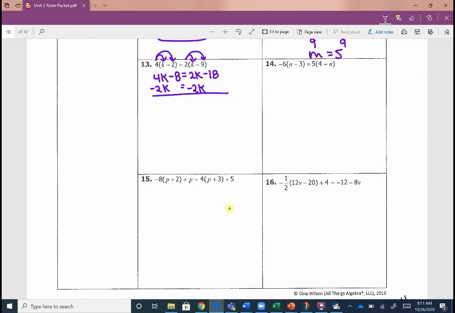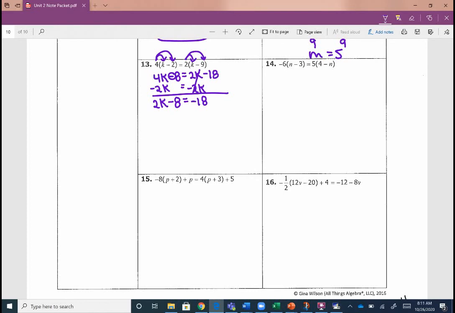So 4 minus 2, we're going to be left with a 2k. Don't forget the minus sign in front of our 8. Our equals is still lining up. Positive 2k minus 2k, there's our 0. And then we talked a lot last week about making sure we watch our signs. It's really a negative 18 we have over on that right side.